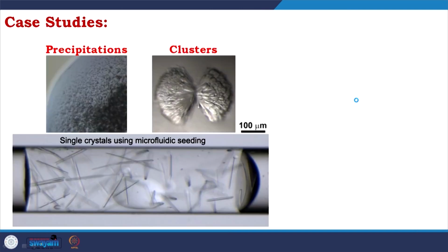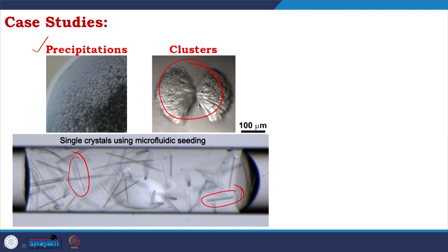And they also show a case study of a real crystal, where in most of the cases they got precipitation in normal conventional crystallization. Even if they got clusters, they got very bad clusters, you could see. But in case of microfluidic seeding, you get single crystals.